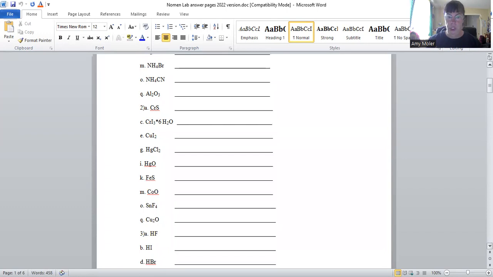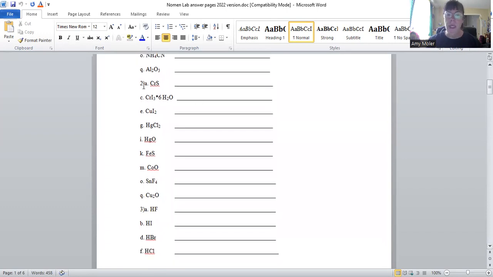The second portion, okay, if you read the description in the textbook, it will tell you to give both the stock system, meaning the ones that have the Roman numerals, and the older system, but both. Okay. I don't really expect that.